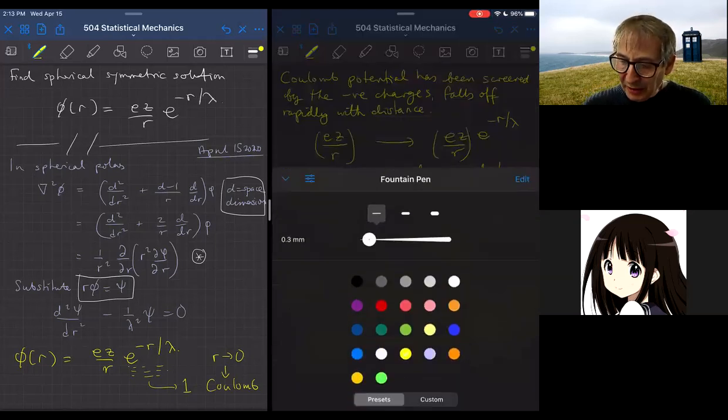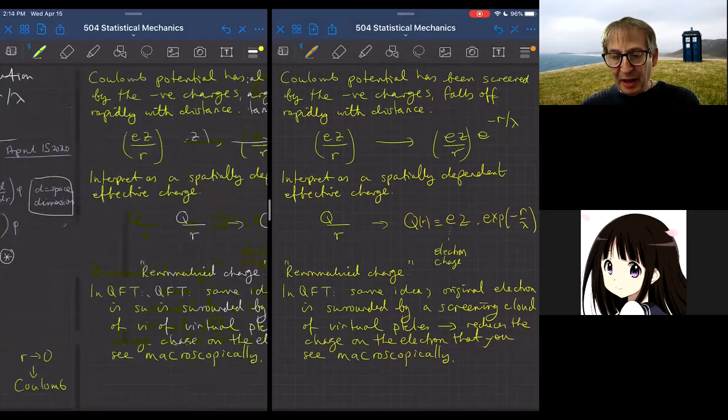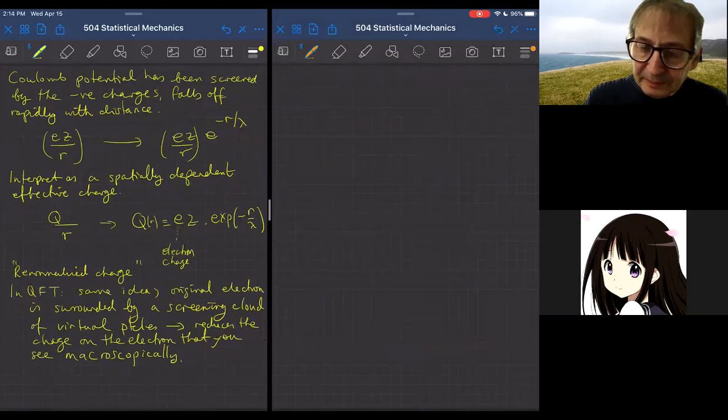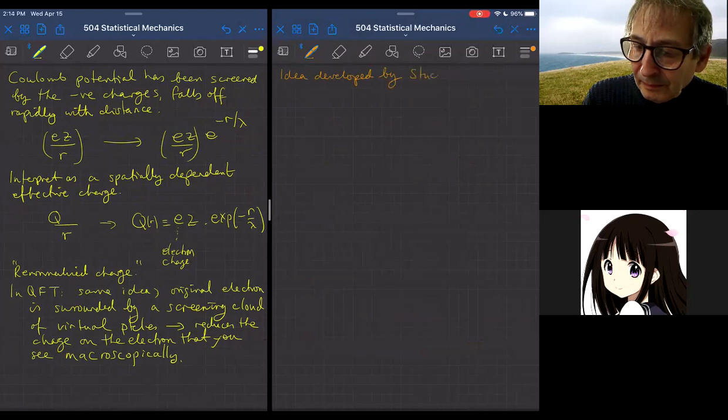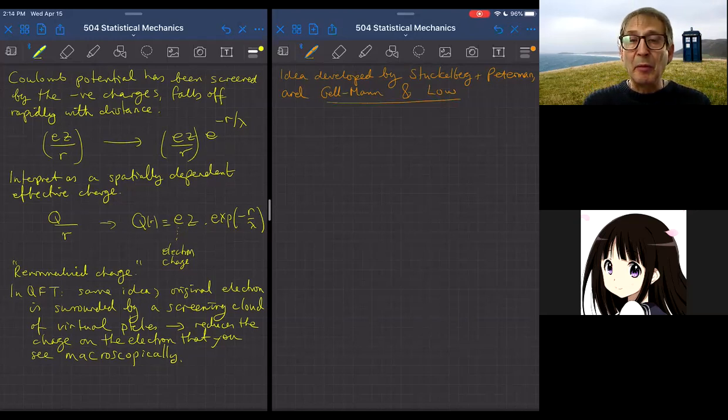So this idea was really first developed by Stuckelberg and Peterman and Gell-Mann and Low. And the latter paper is the more famous one.